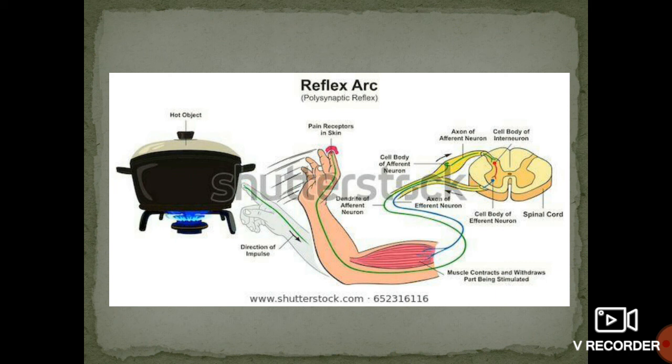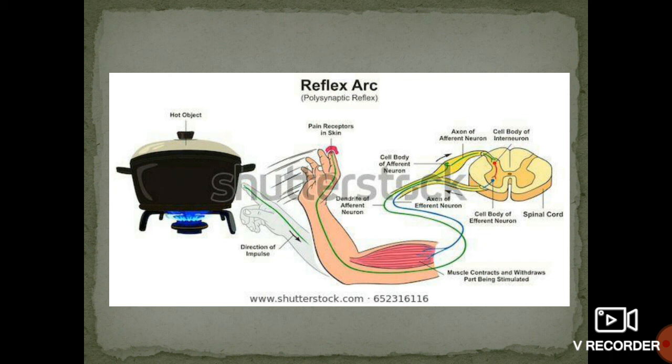The stimulus is a heat stimulus when we touch a hot object. The receptor organ is the skin, and from it, with the help of the afferent neuron, information is sent to the spinal cord.